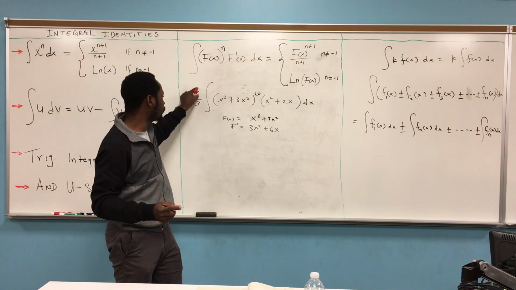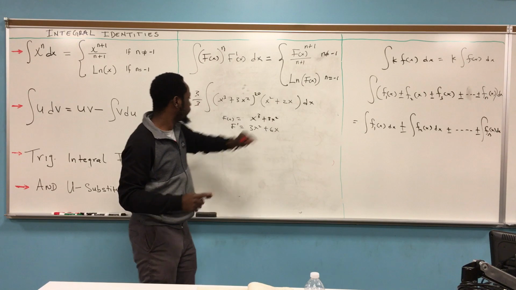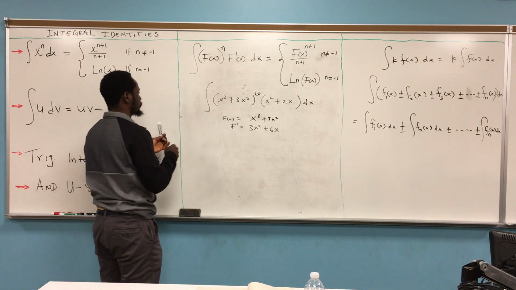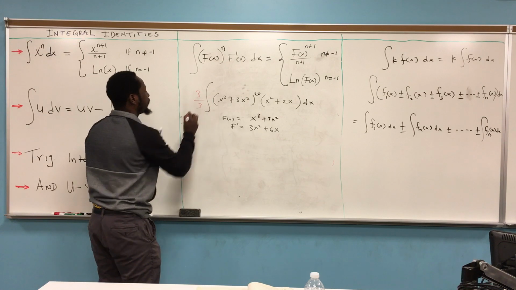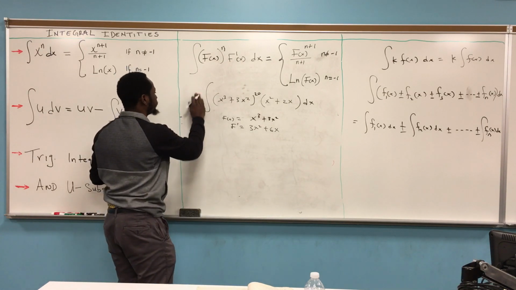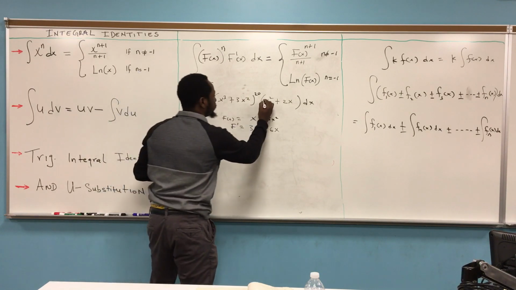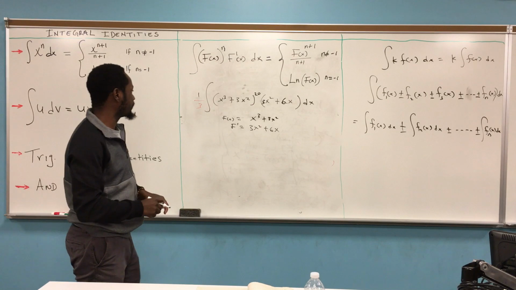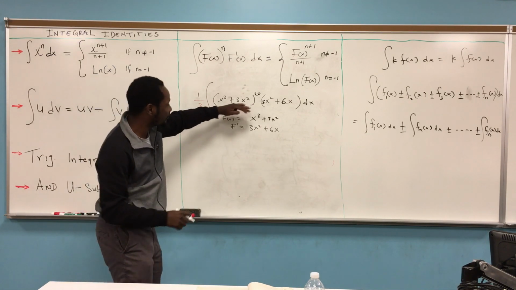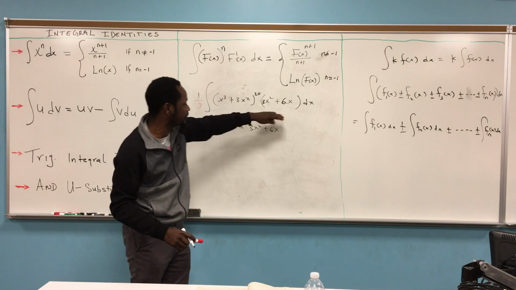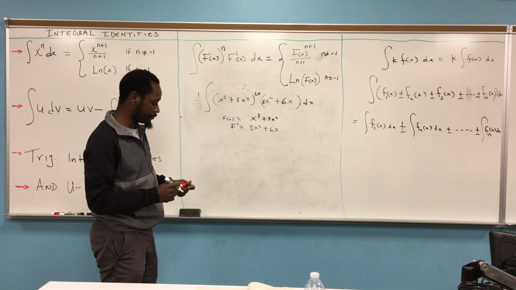If I move this 3 in, I'm going to have 1 here, 3 here, and 6 here. What have I done? Now the derivative of this is this, right?